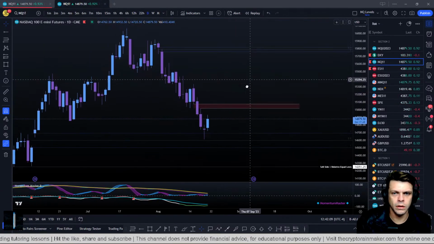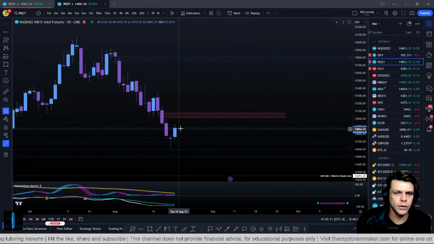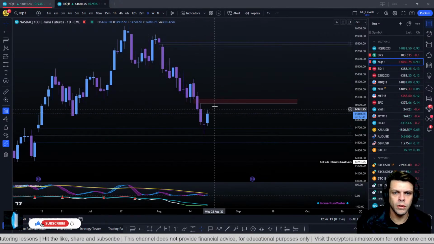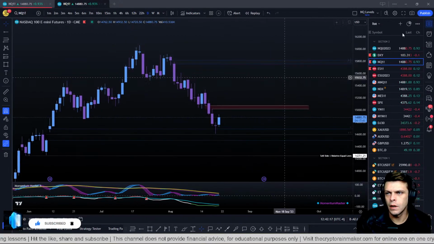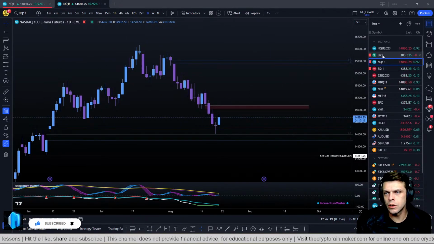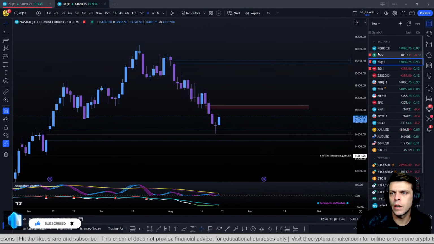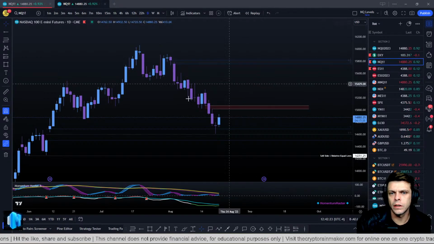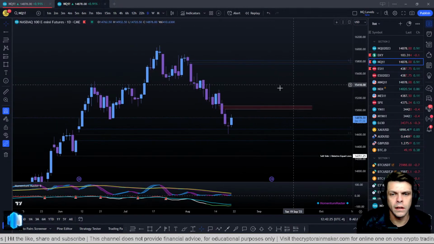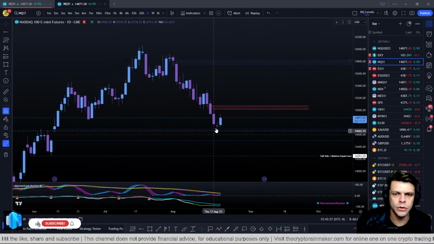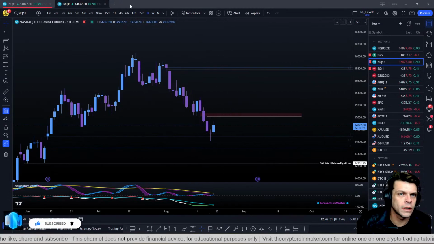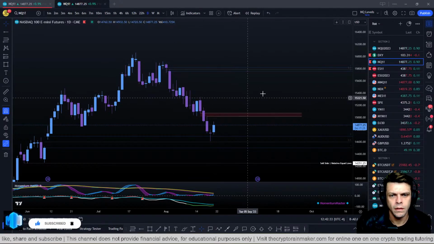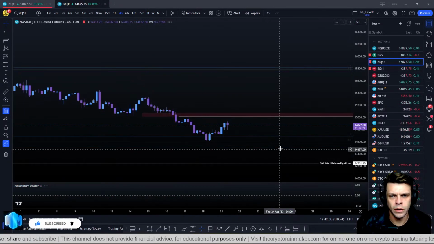So it seems in the immediate future, price action will rather move towards this imbalance that we have right here. And then what we also saw on the dollar is, it seems on the higher time frame, the draw on liquidity for the dollar is to the downside. So that gives confluence that we should see a bit of upside on the Nasdaq for the next couple of days or weeks. Okay, let's go to the 4-hour.